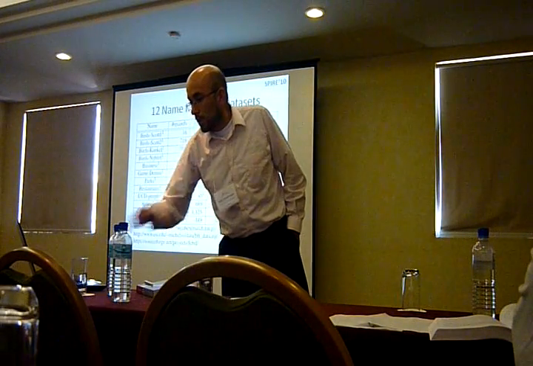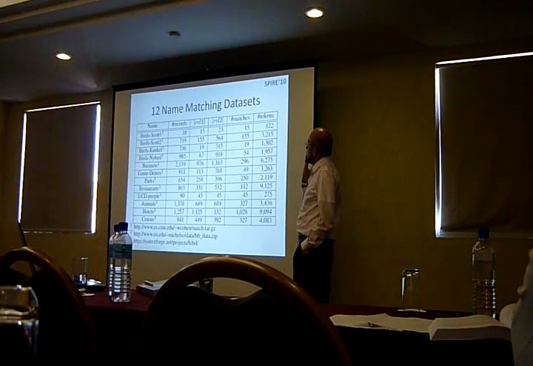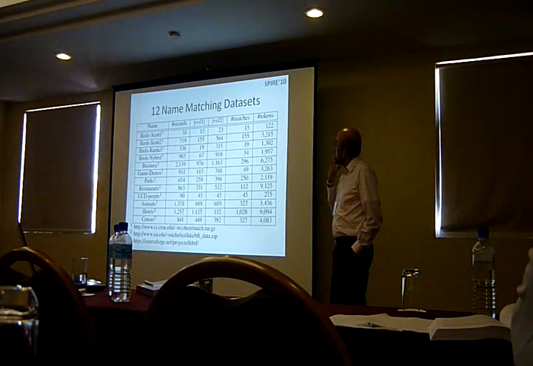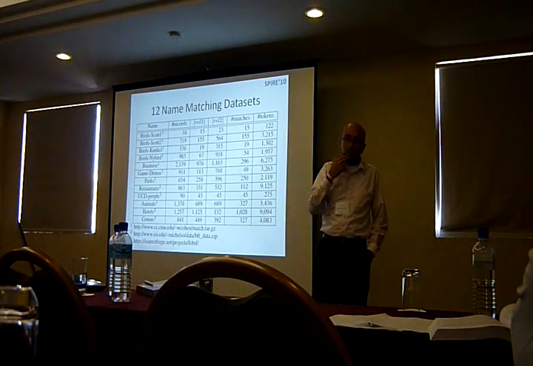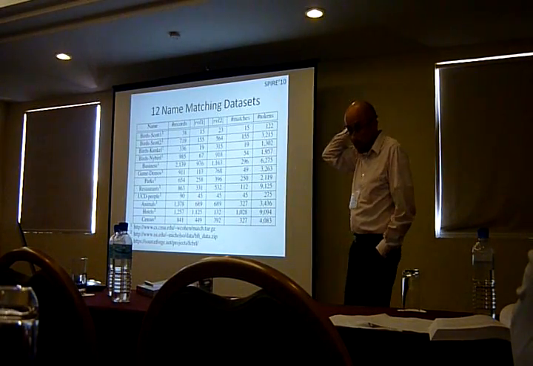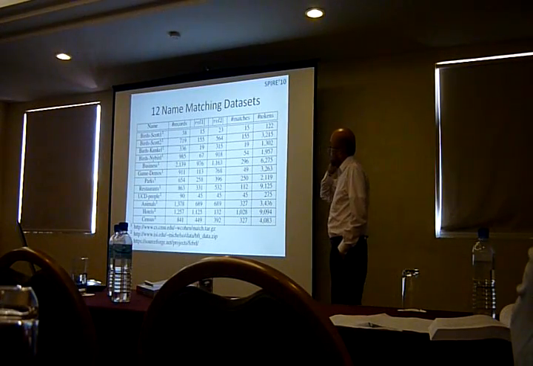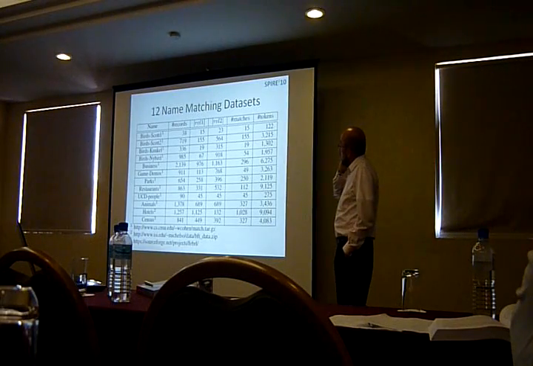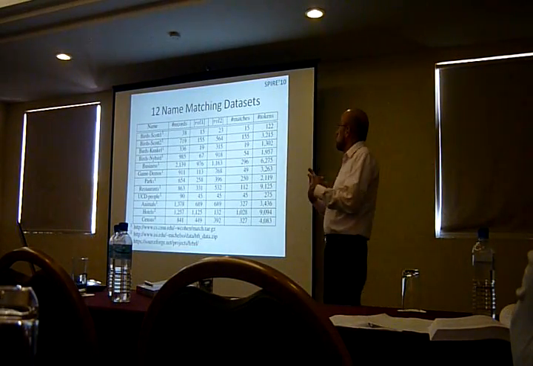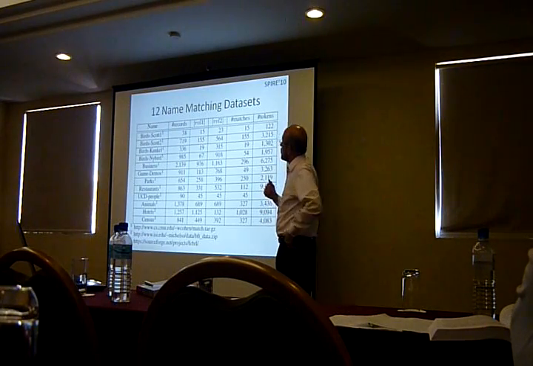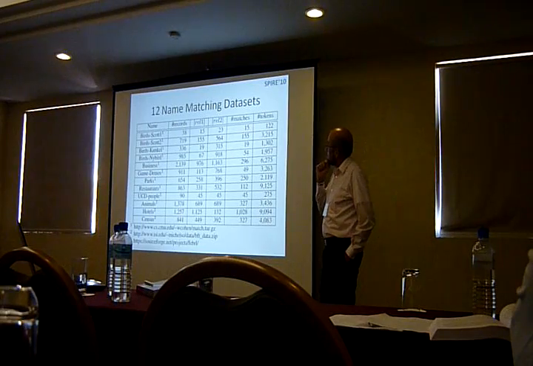Well, we used 12 name matching data sets that were proposed by William Cohen from Carnegie Mellon University. He made a very interesting study using different similarity metrics to try to tackle the name matching problem.